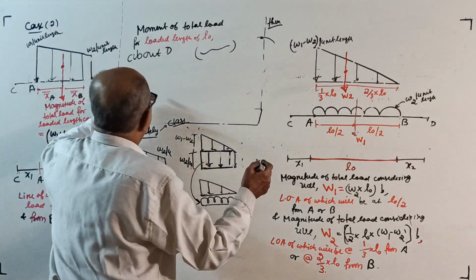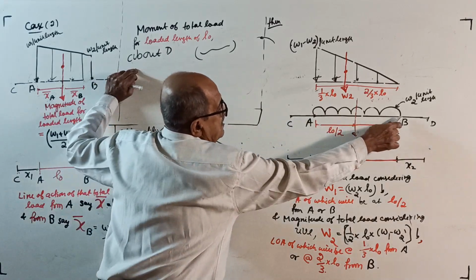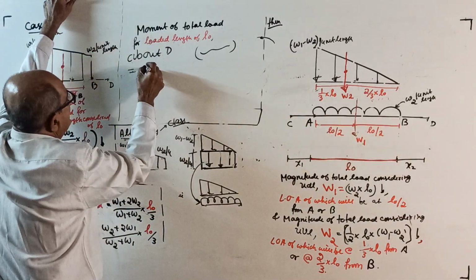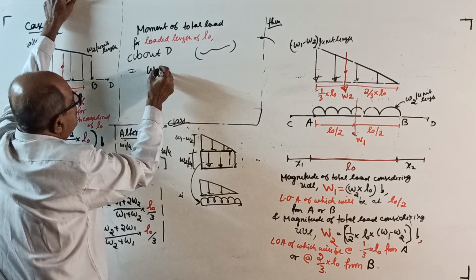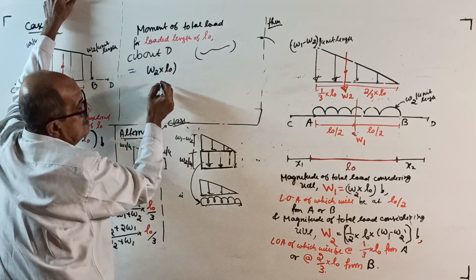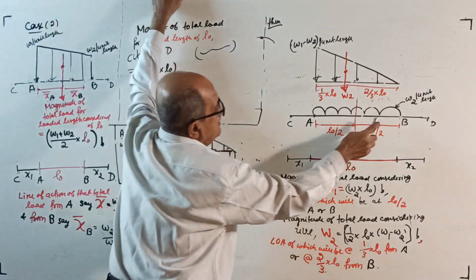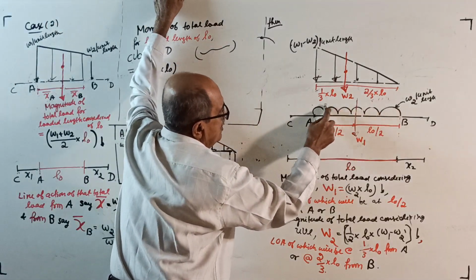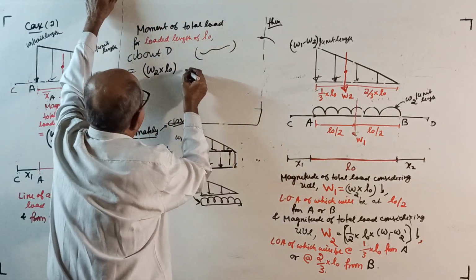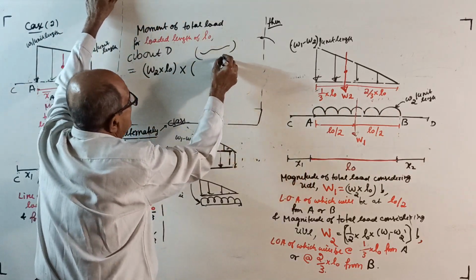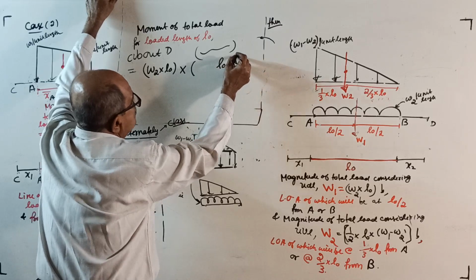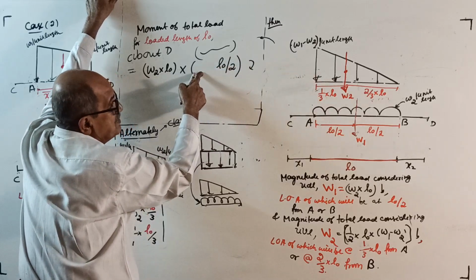Okay, start. Moment about this point. W2 into L0 is the UDL, into L0 by 2, clockwise.